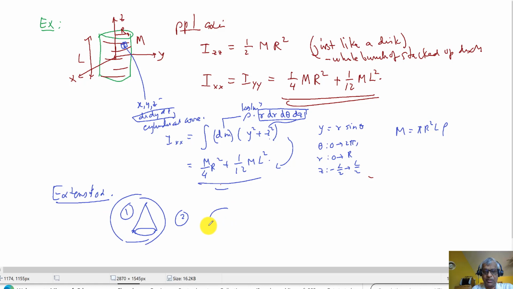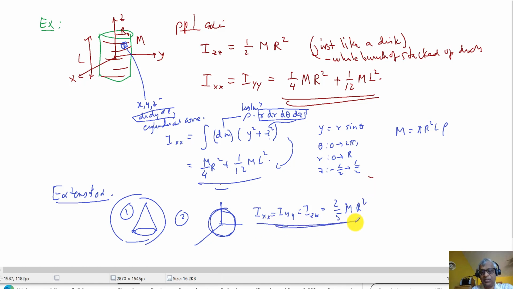Another one is a sphere, and for a sphere, it's very obvious any axis is a principal axis. So you just take any three axes. So I xx equals I yy equals I zz, and that's 2/5 m r square. It's worth doing this calculation because you need to use spherical coordinates.